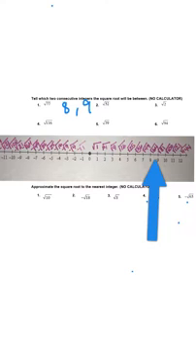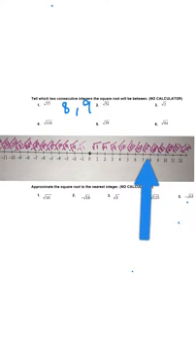All right, for the second one, it says the square root of 52. So let's locate the square root of 52, which would be greater than the square root of 49, but less than 64. So the two integers that it would fall between are 7 and 8.